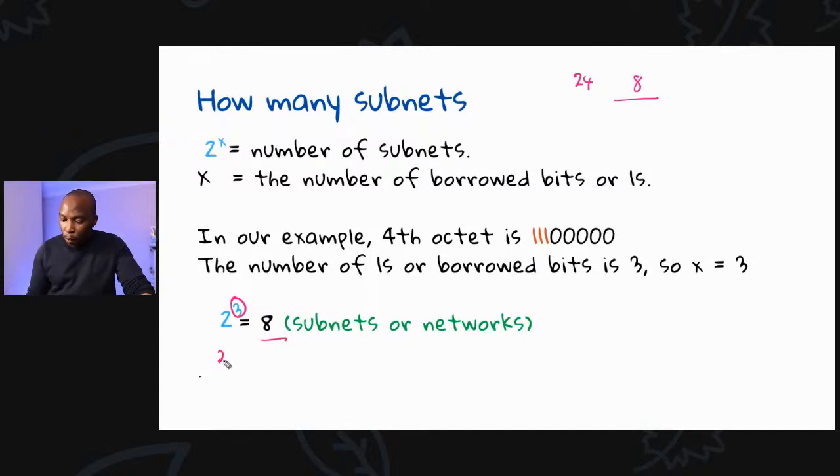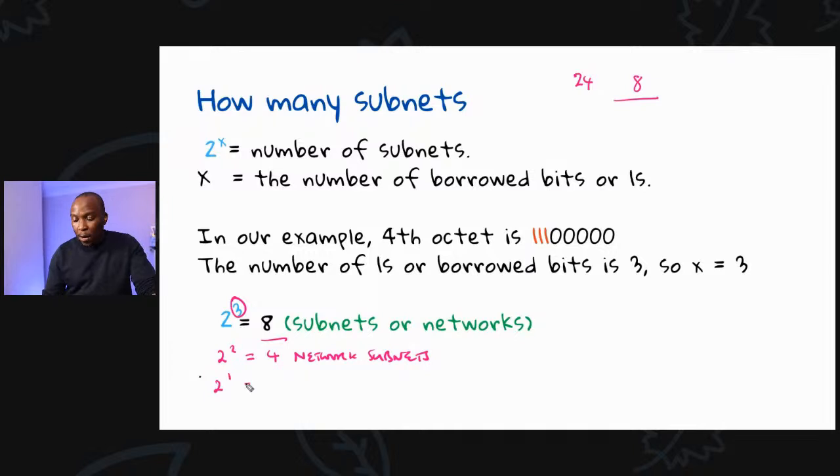If we borrow 2 bits, we create 4 networks or 4 subnets. If we borrow 1 bit, we create 2 networks. And if we borrow 4 bits, 2 to the power 4 gives us 16, so we create 16 networks.